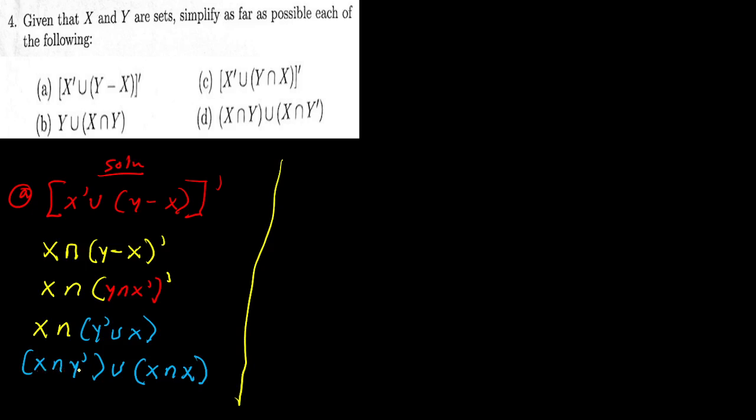So x intersection y complement, it will still remain x intersection y complement. Then you are uniting it with set x. Remember this is not a simplified version. Actually this can also be written as x minus y, and then union x.